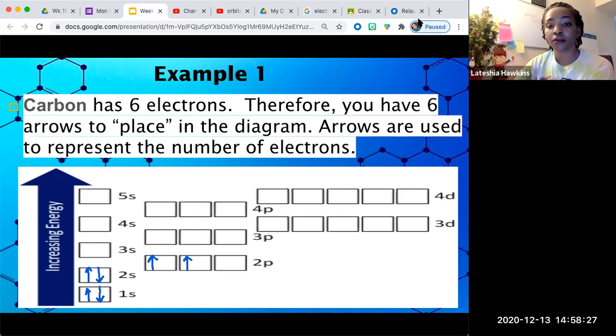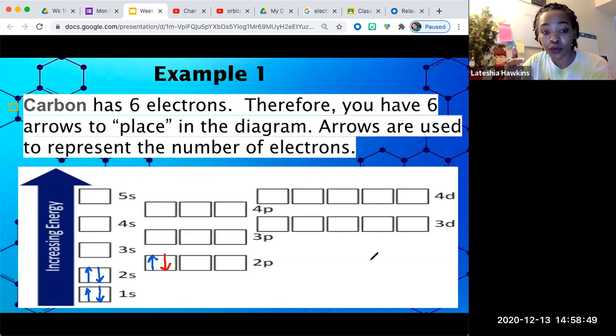Most of you are probably wondering why I did not draw this arrow here. It fits the first rule of lowest energy level first.